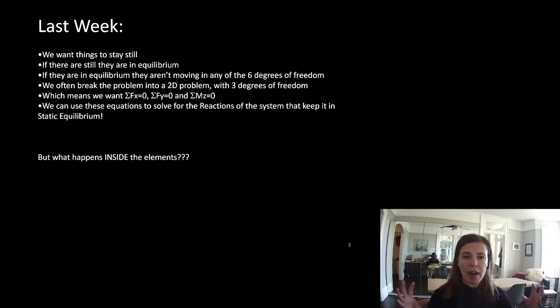We know that our object isn't moving up and down, back and forth, or spinning about our z-axis. So if we found the reactions that keep that object in equilibrium, maybe we can figure out what is happening internally in that object.